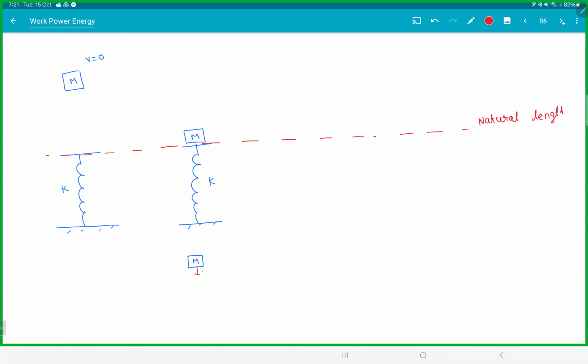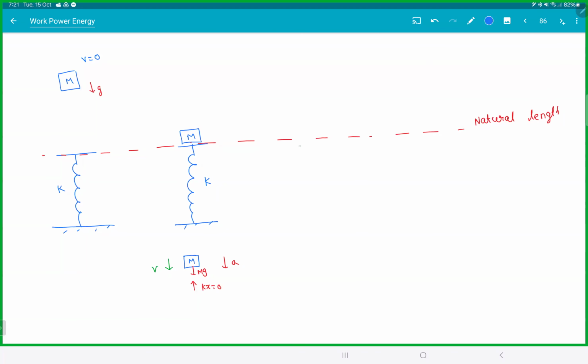There is mg. The spring force kx is 0 because it is at natural length. So acceleration is downward, and it is g. And the speed is also downward. If you have speed downward and acceleration also downward, will the speed increase or decrease? Speed will continue to increase. So this is the point where speed is not maximum; the block will continue to go further.